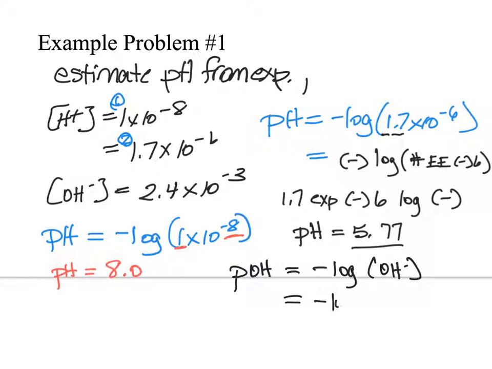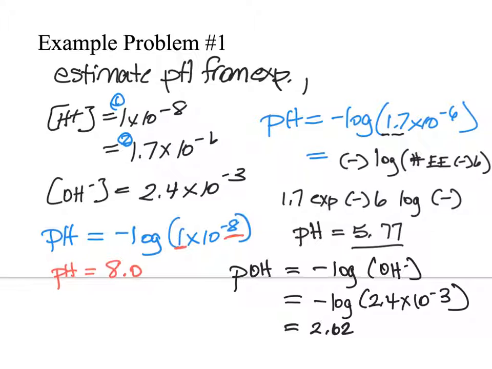So that would be negative log of 2.4 times 10 to the negative 3. All right, I'll go ahead and put that in my calculator. And I'm getting, that's two significant figures, so 2 places after the decimal, 2.62. All right, that's pOH.